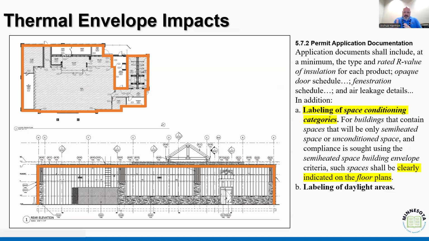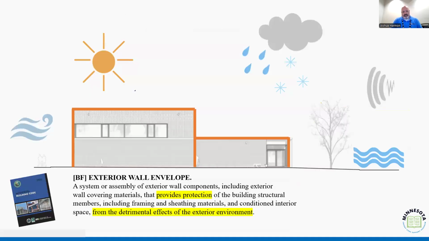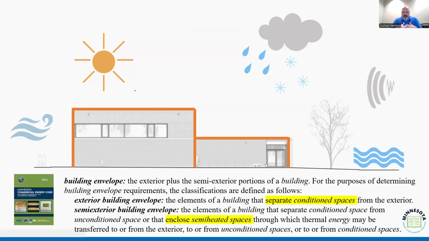And so we start to really line out what our expectations are with that and how that exterior wall envelope works within that design. Because again, the exterior envelope is resisting the intrusion of the environment into the building, but it's not doing the same work that we see the building envelope doing in the energy code, right?